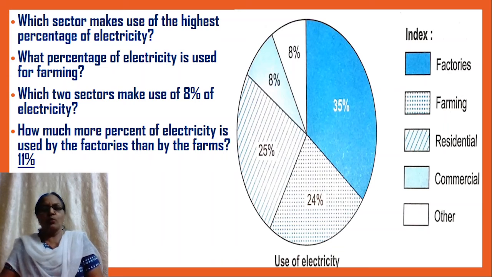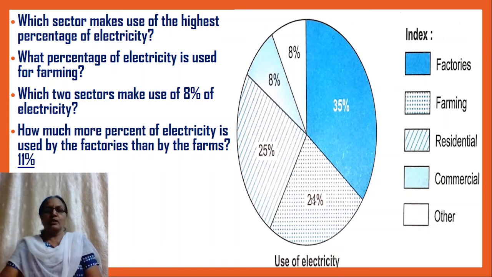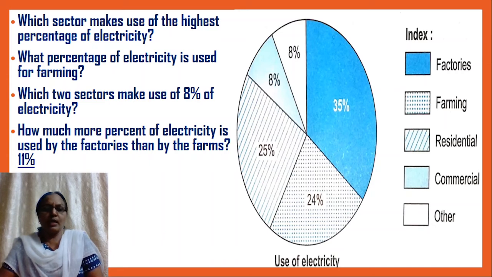Next one. What percentage of electricity is used for farming? Look at this, this is farming. Correlate that with the symbols used here. This is 24. So farming consumes 24% of electricity.